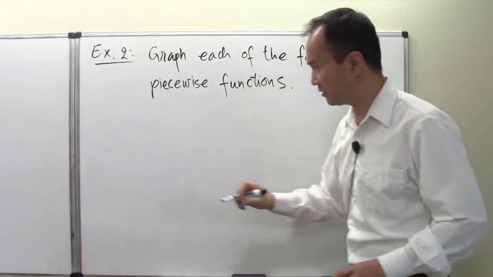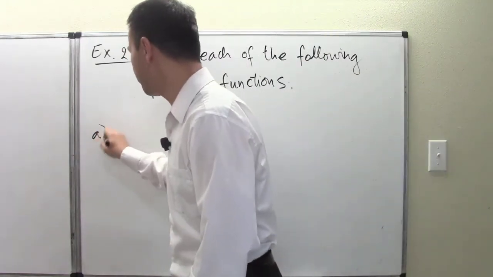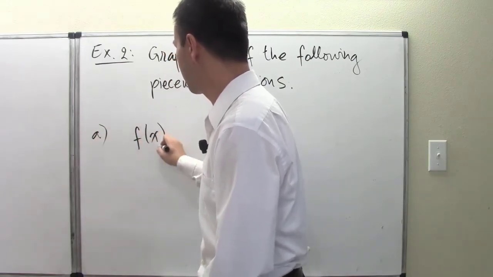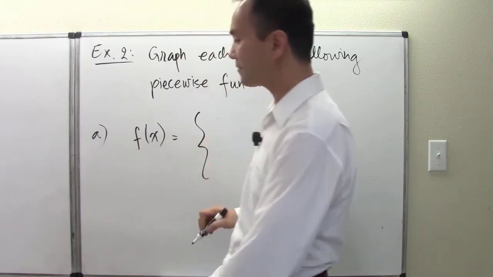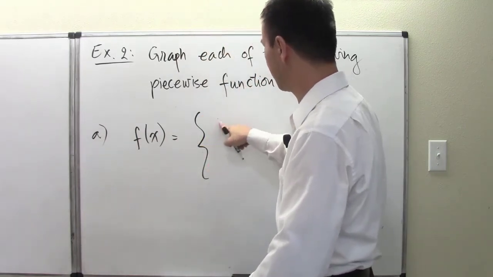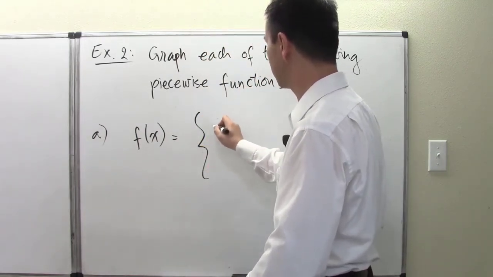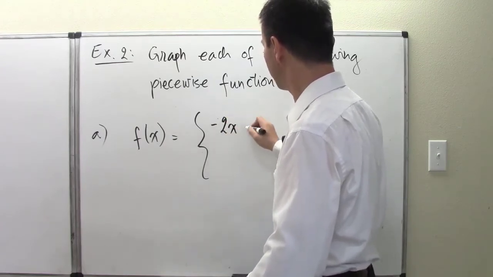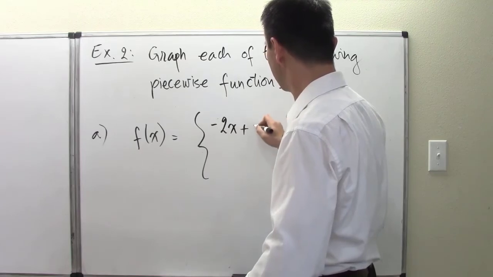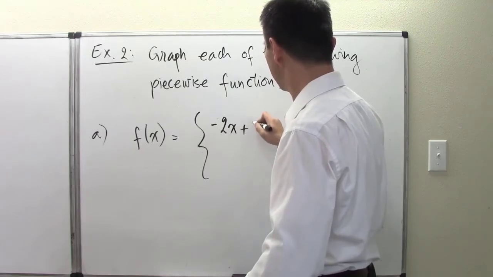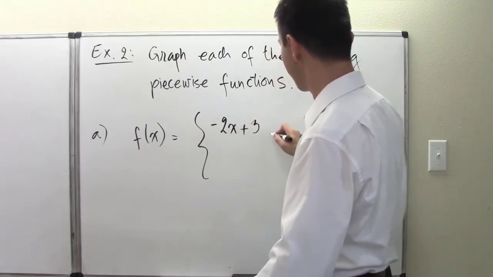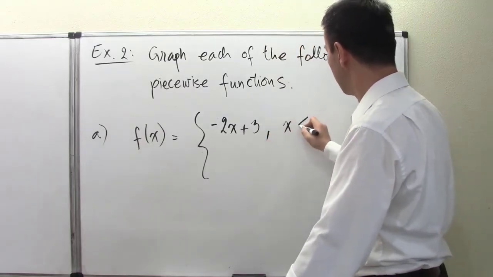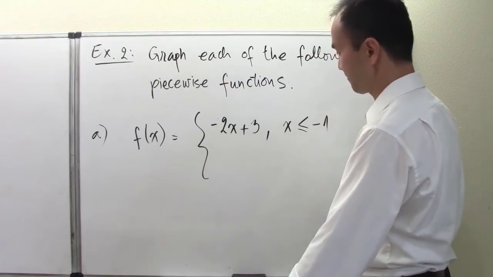Okay, so now here comes part A right here. So we want to graph this function right here. F of x equals minus 2x plus 3, for x less than or equal to -1.